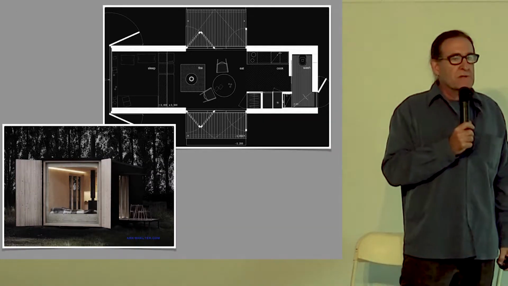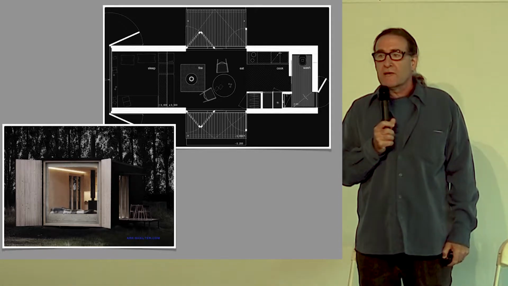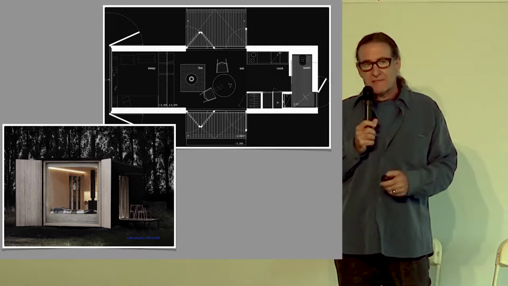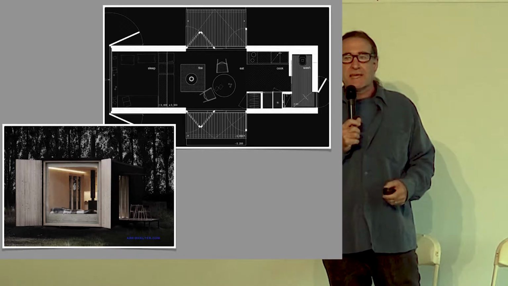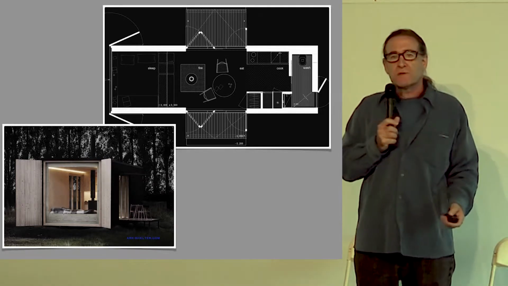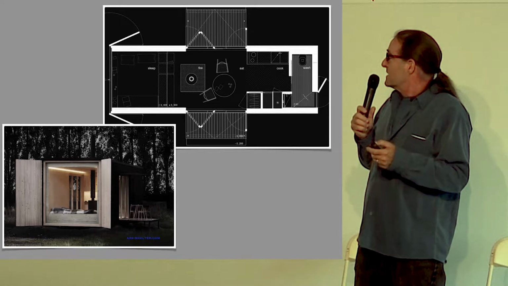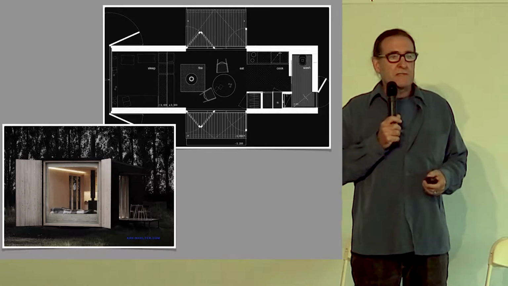Here's an example of something that is very similar to a container home. It's not a traditional container that's been recycled, but it's built in a very similar fashion. And this has a couple of things that I really like in this design.